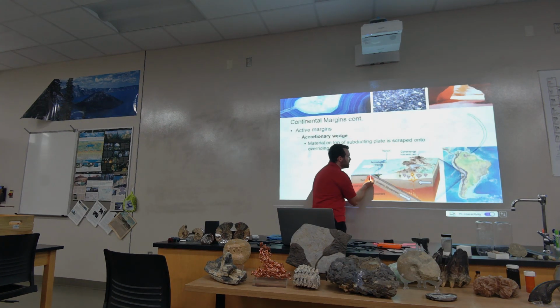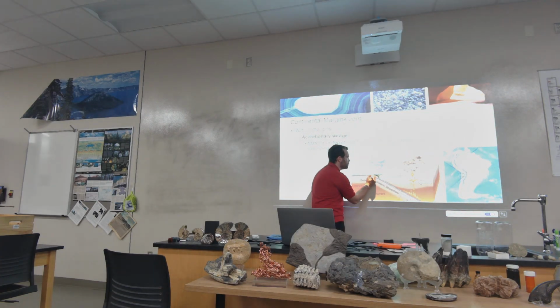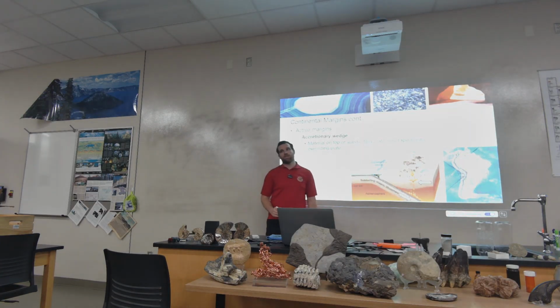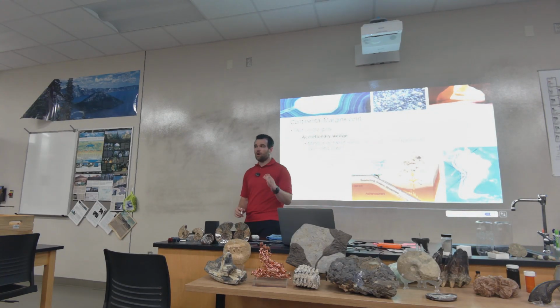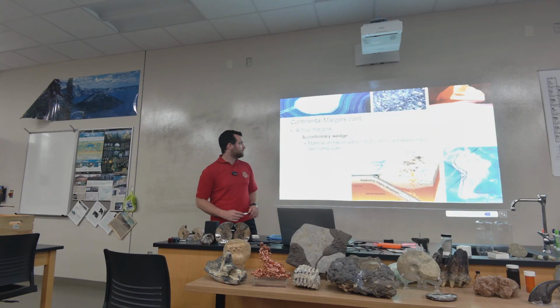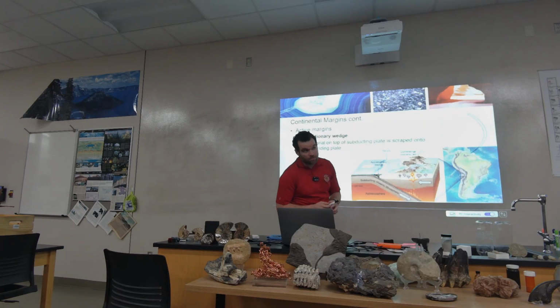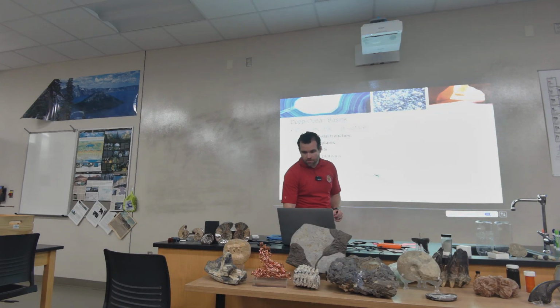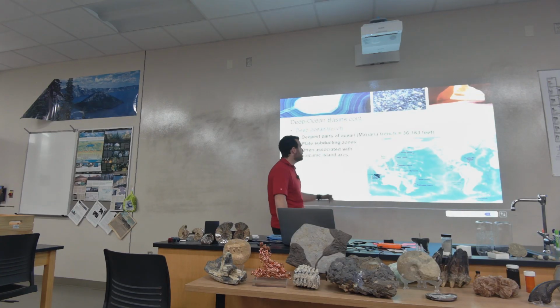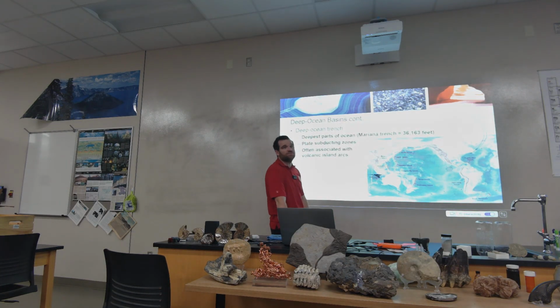Where your ocean plate is subducting, between that and your accretionary wedge is often this super deep zone that we call a trench. The deepest parts of the ocean are in these trenches. The deepest trench, I think I actually have the statistic on here. The Mariana Trench, yeah. Right here. The deepest trench is Mariana Trench, 36,000 feet.